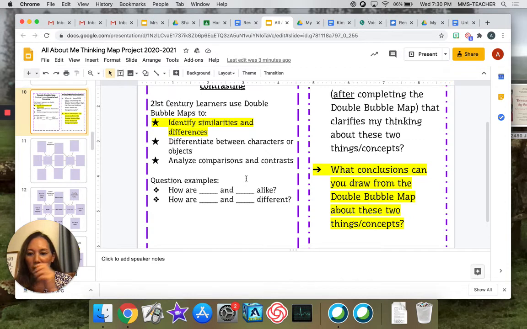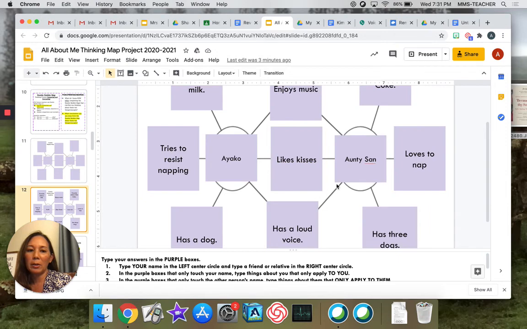Now remember, we're not drawing a picture, but we're trying to think of conclusions that we can come up with looking at Ayako and Auntie San. Now, we don't want to make it so obvious. I mean, to say that, well, Auntie San likes to nap and Ayako doesn't like to nap.